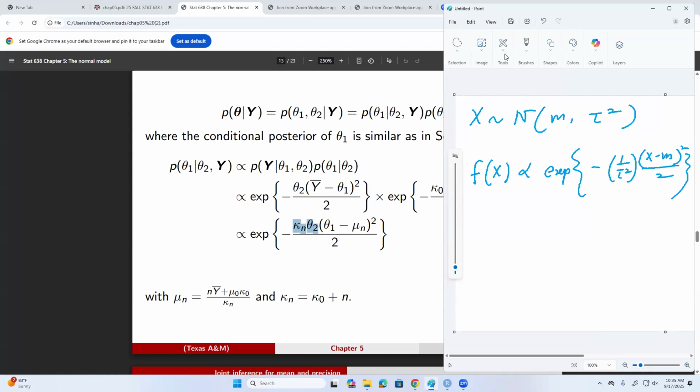So just looking at the density kernel, I can identify that the conditional distribution of theta 1 is again a normal density function with mean mu sub n and variance 1 over kappa n times theta 2.